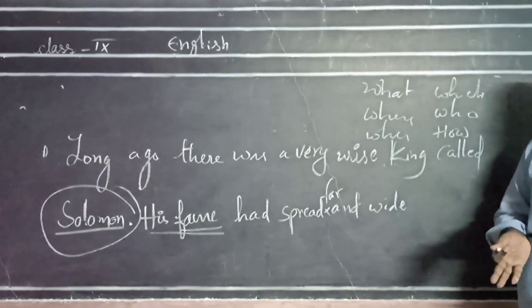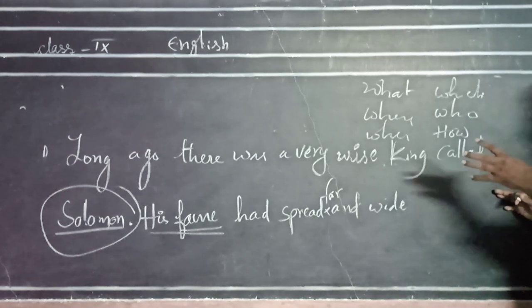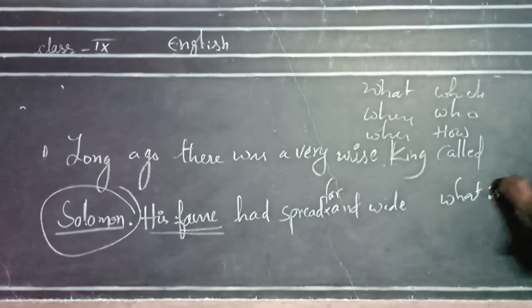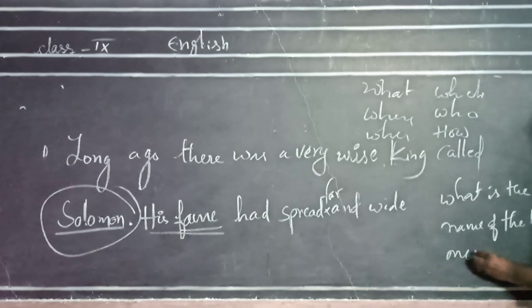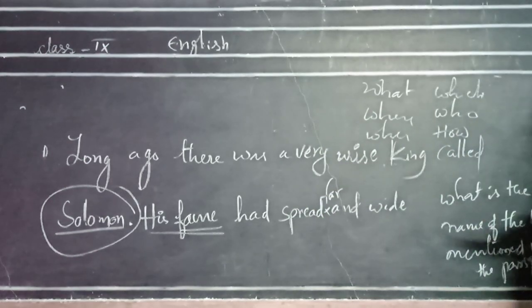What is your name? So here also, if you get the answer Solomon, we can frame: what is the name of the king mentioned in the passage? In this passage, there is only one name, so you can easily identify that it is King Solomon.